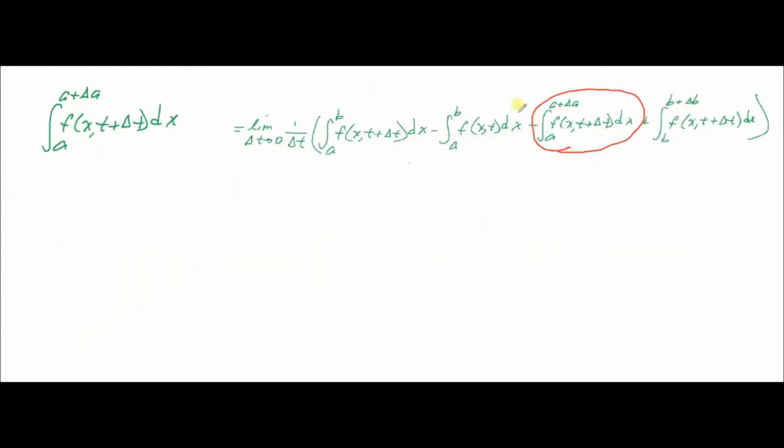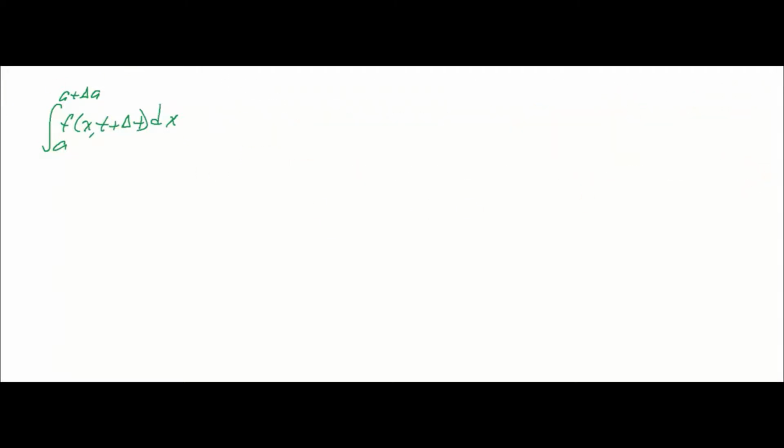Okay, so I cleared some space here, and I took this term and I put it over here, and now let me get rid of this, and we're gonna work on transforming this term. First of all, though, let's talk about the second fundamental theorem of calculus.